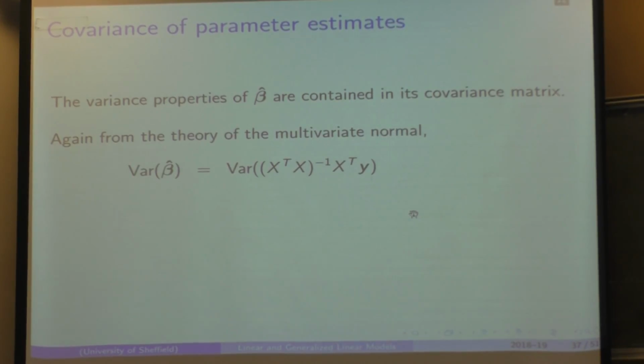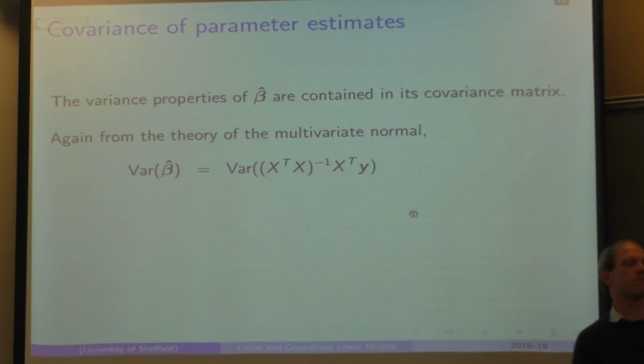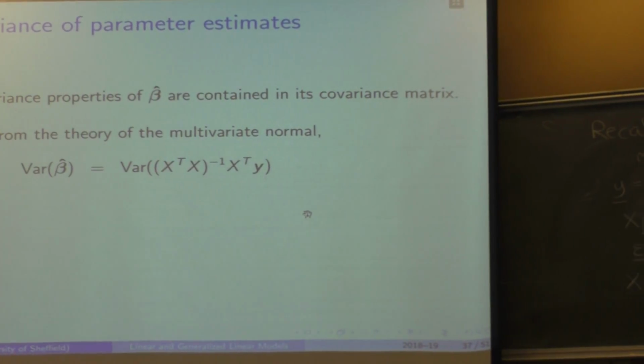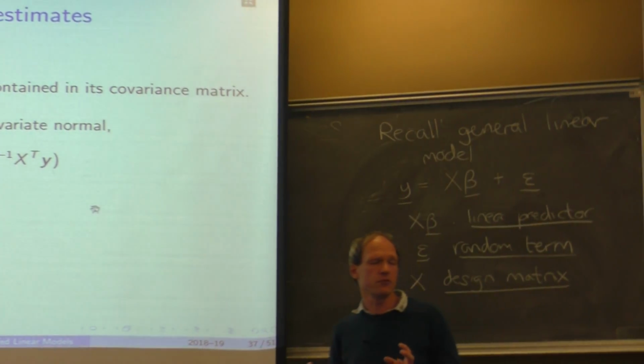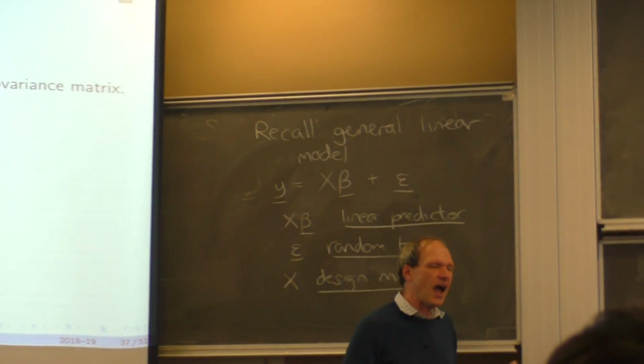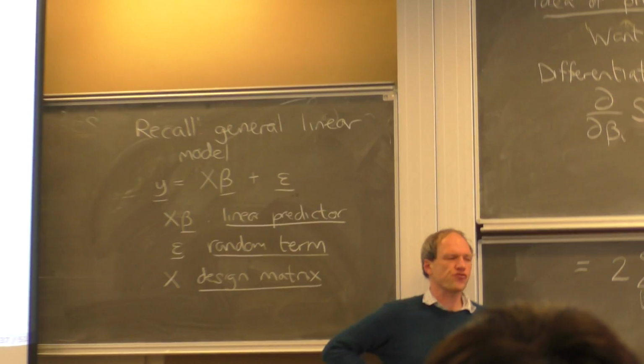Now, the theory of transformations tells you that if you take the variance of something with a transformation like this, you get the original covariance matrix of the y's in the middle. On the right, you get the thing that you're doing the transformation by, and on the left, you get its transpose.